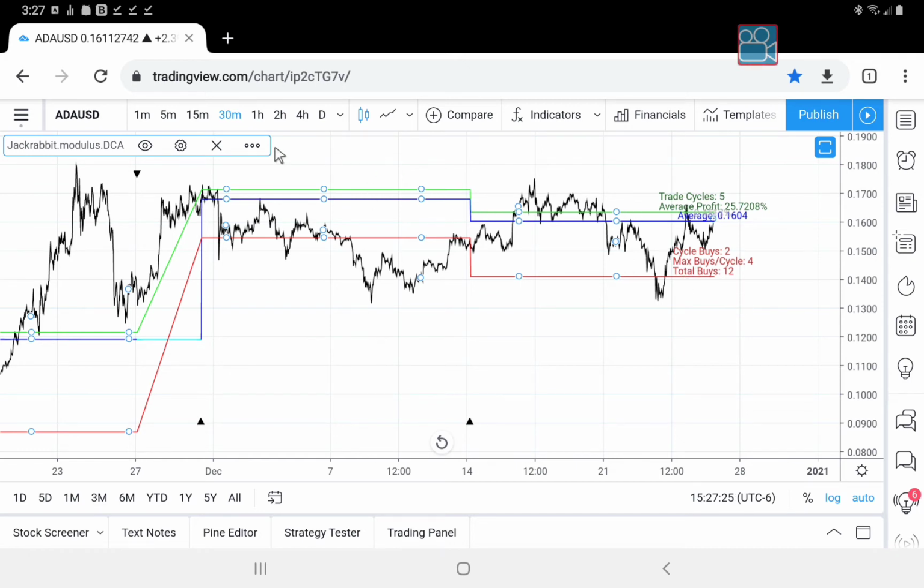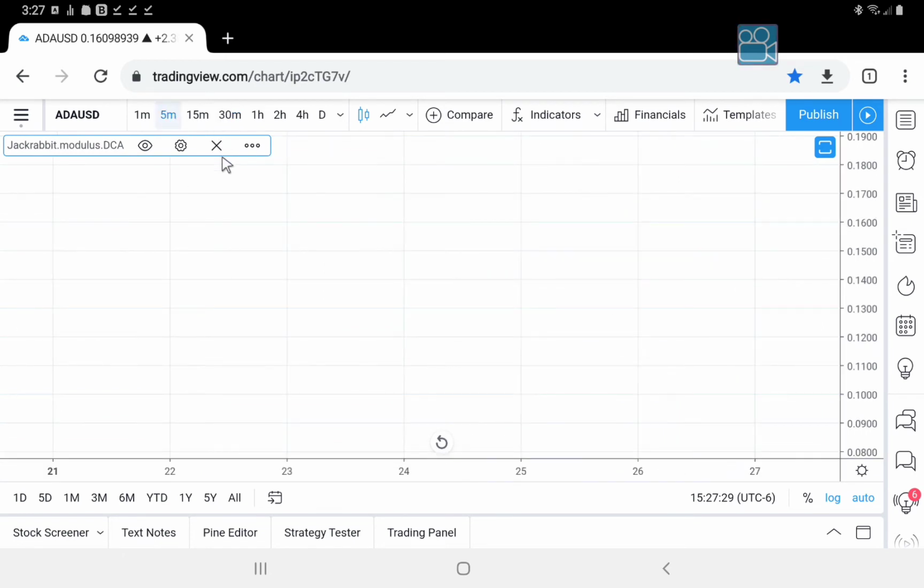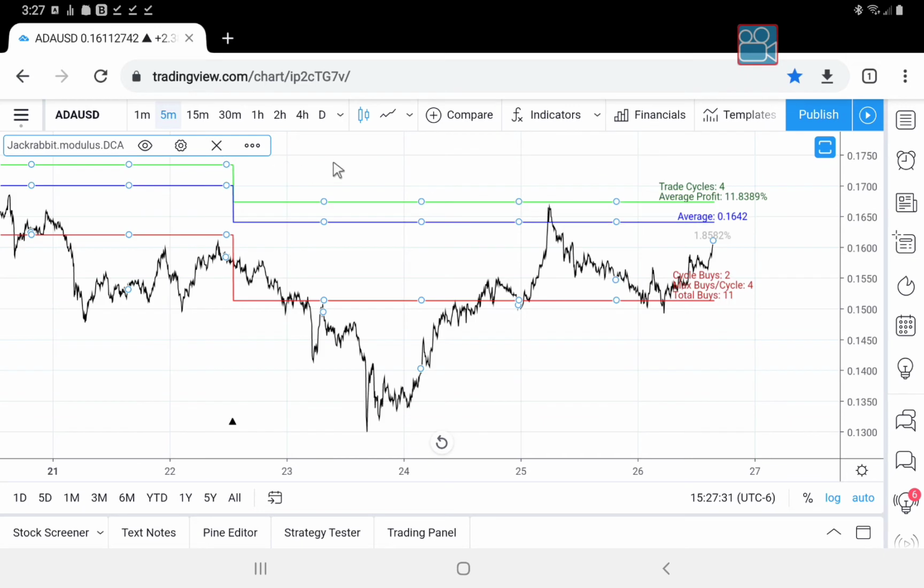Now, I'm going to use a 5-minute chart. And on a 5-minute chart, 4 trade cycles at 11% profit. A 5-minute chart is technically 17 days.